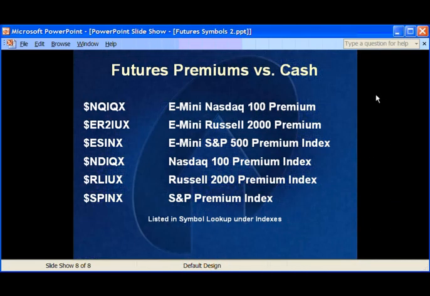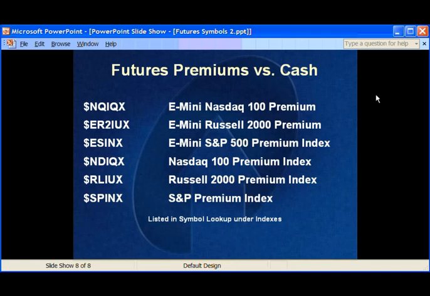There are 6 symbols in the database that are actually listed under indexes that futures traders may find helpful. What they are is the futures premium versus cash, the relationship of the futures contract to the cash index for 6 different index futures contracts. Now here are the symbols, and here's what they are.